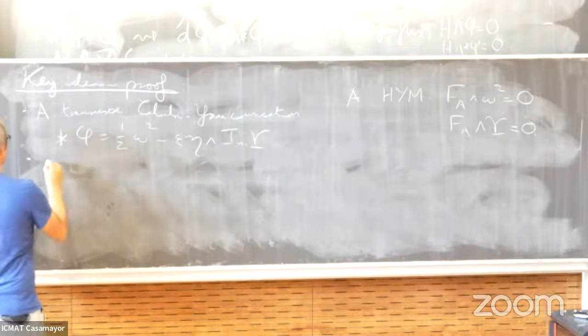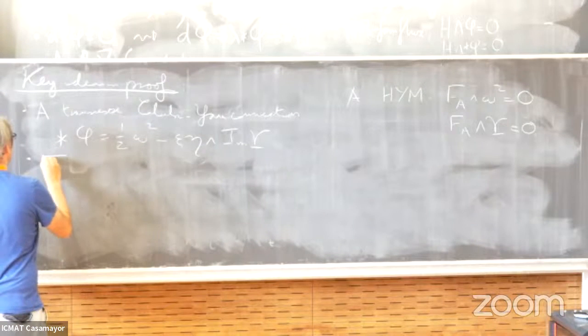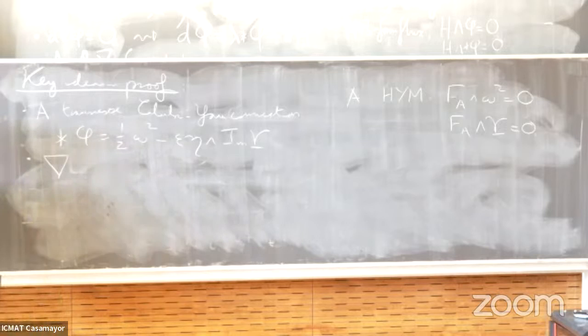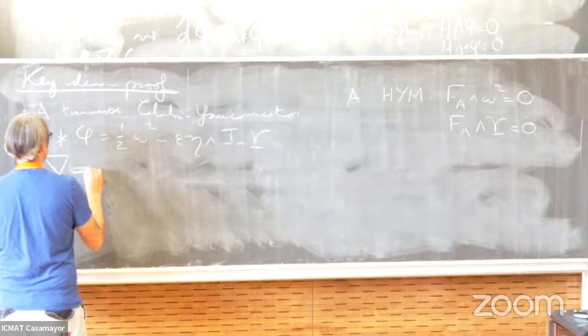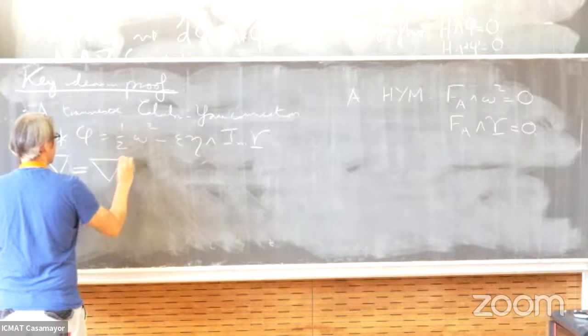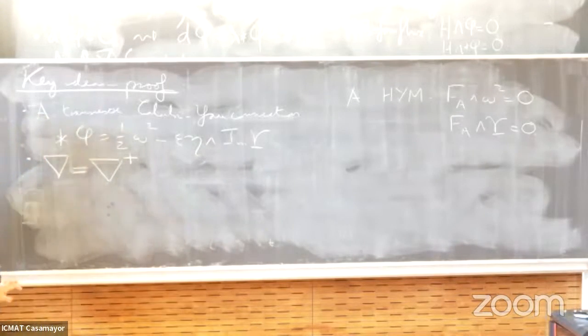So what is nabla? That's the key point. What we do, I mean, we do various things, but the simplest case is you take it to be this nabla plus connection that we've been seeing over and over, this Bismut connection.